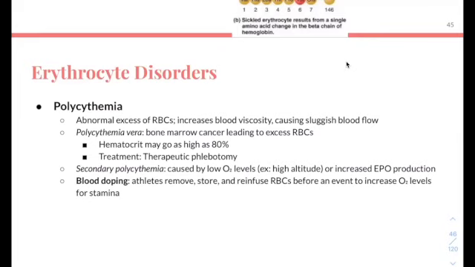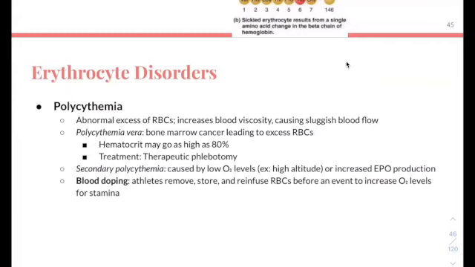There's also secondary polycythemia. Anything that says secondary means that there's something else that's causing that condition. So secondary polycythemia can be caused by low oxygen levels at high altitude or too much erythropoietin production.